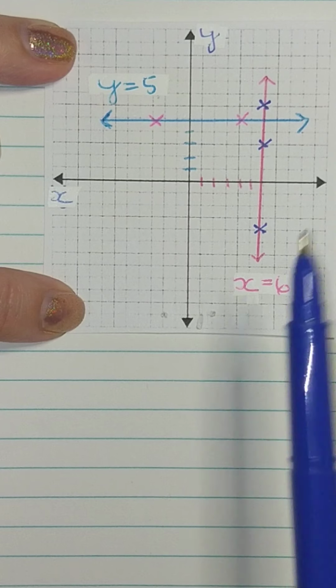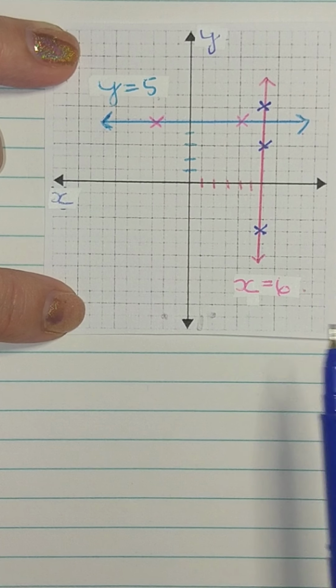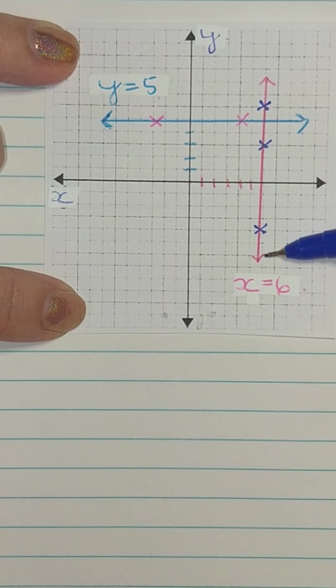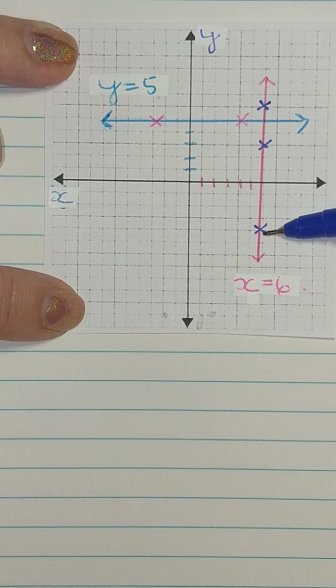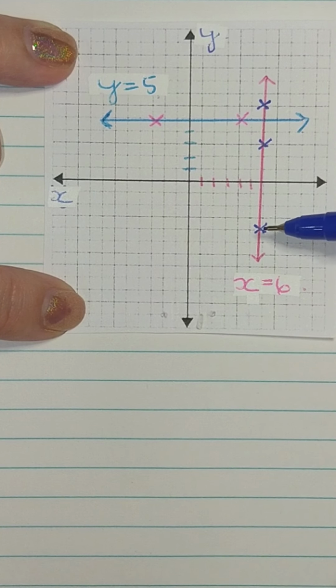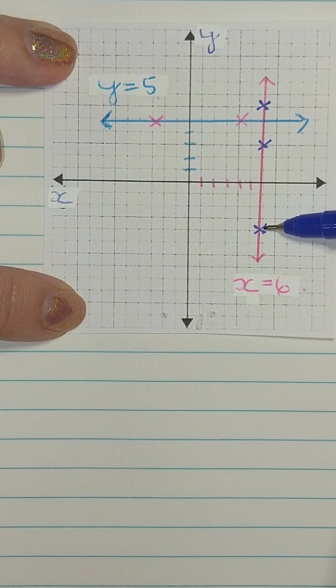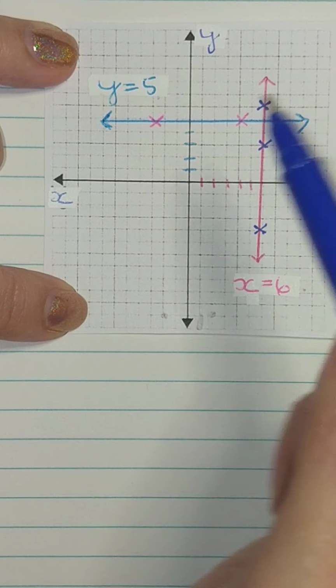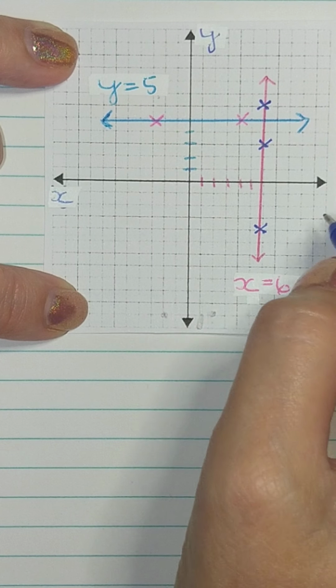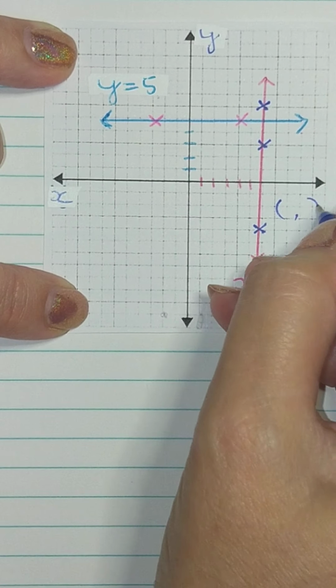Okay, so just once again, x equals 6 on this line here, because everywhere you go, no matter what set of coordinates I asked you to label, x would be equaling 6. Let's just do this point here, for example. All right, so we know that we write our coordinates in the format x, y.